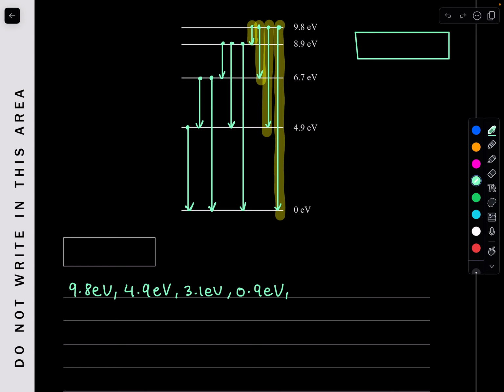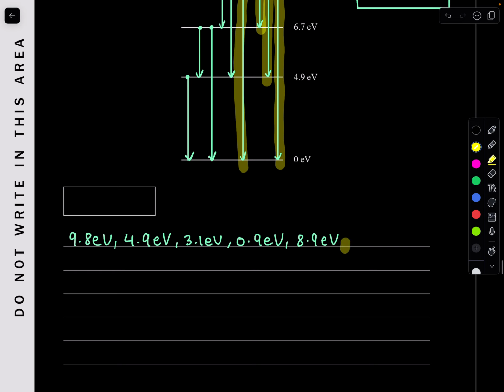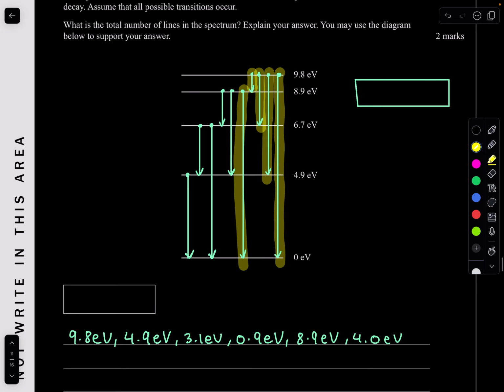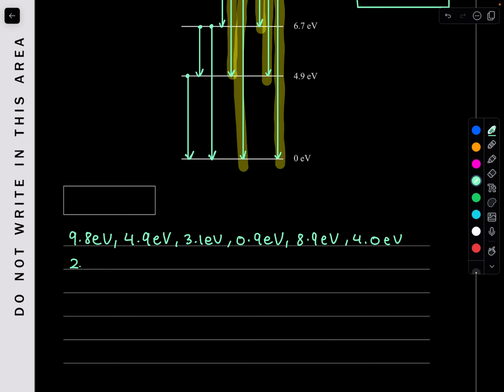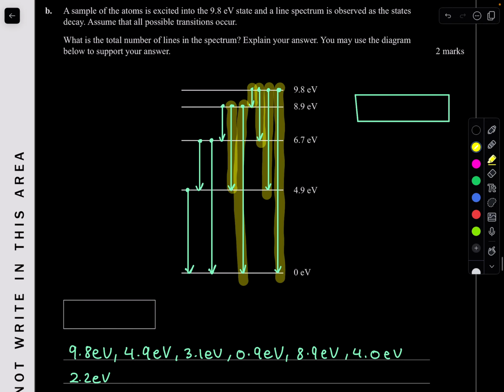Let's just observe. The next one is 8.9, so 8.9 electrovolts. Then 8.9 minus 4.9 is 4 electrovolts. Then 8.9 minus 6.7 is 2.2 electrovolts.